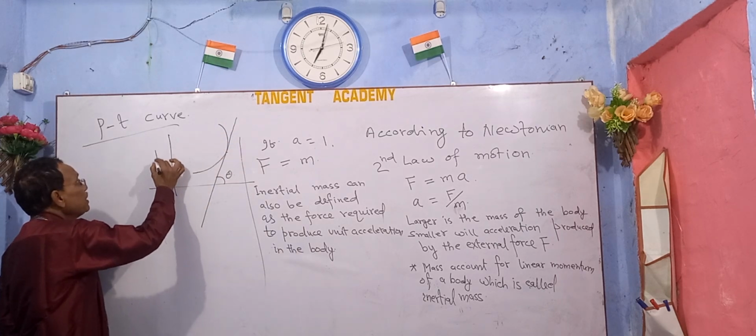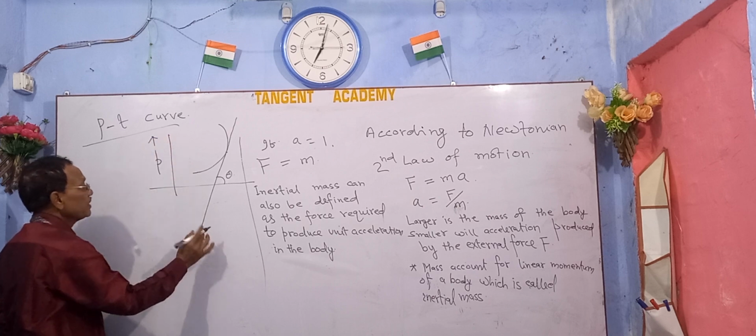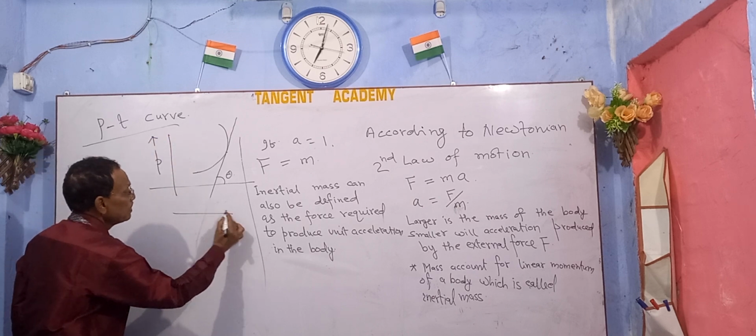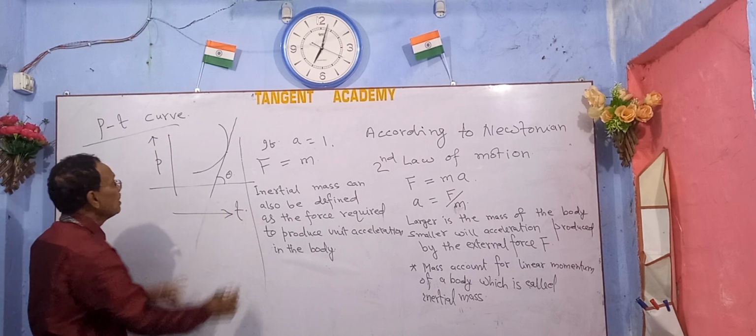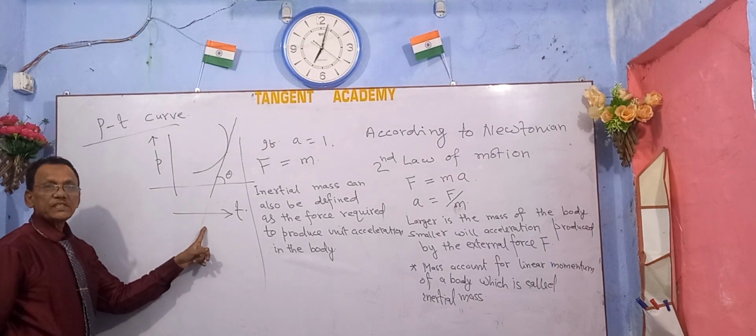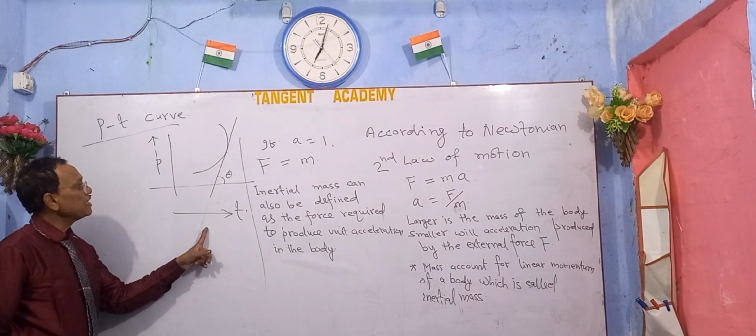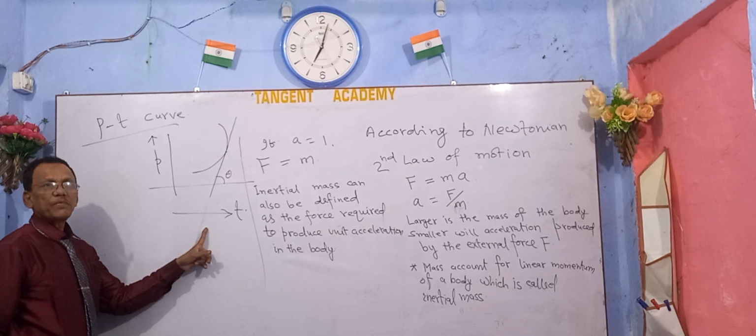This axis represents momentum and this axis represents time. This is called the PT curve. Let us see what the PT curve represents.